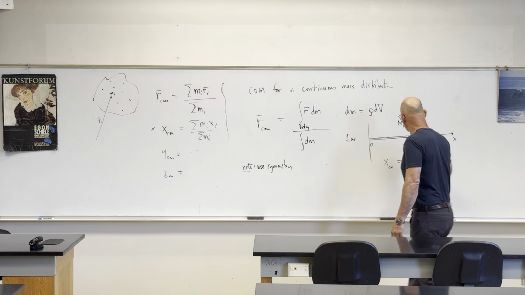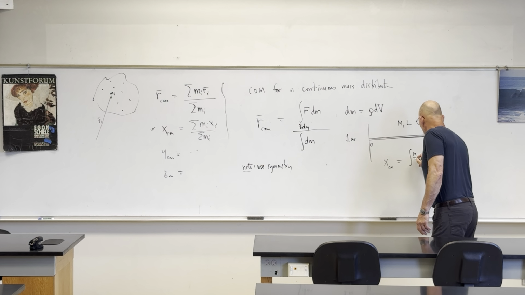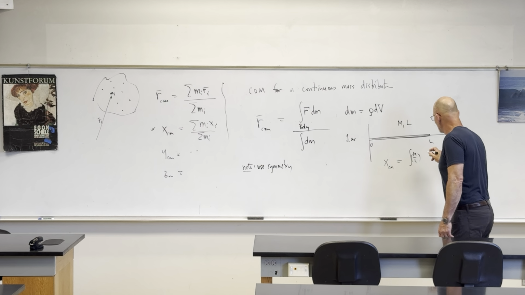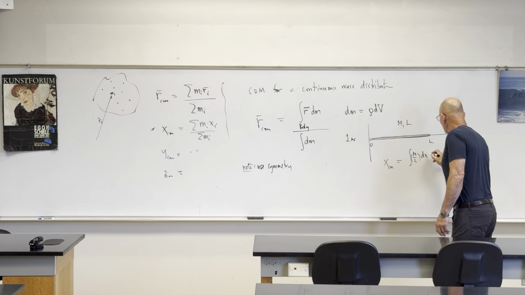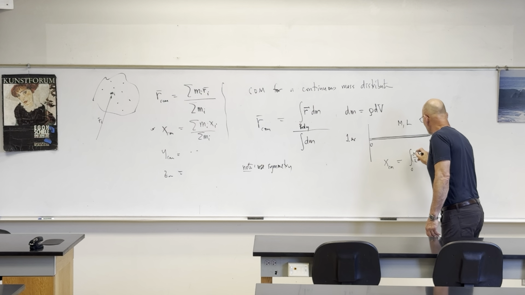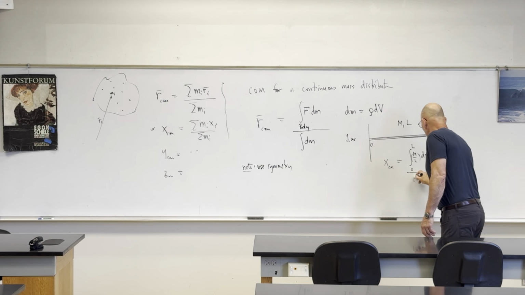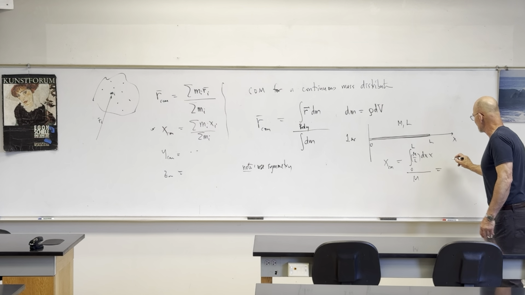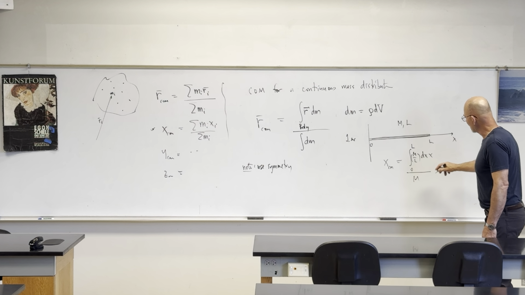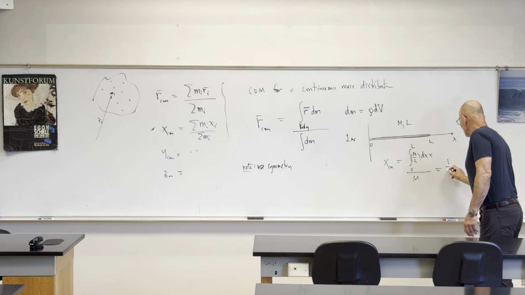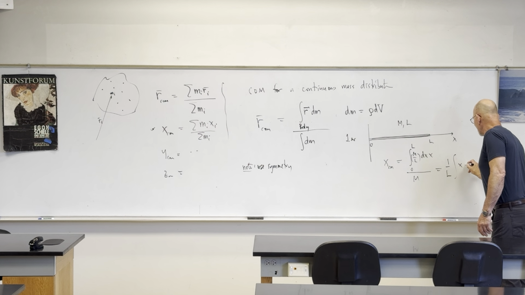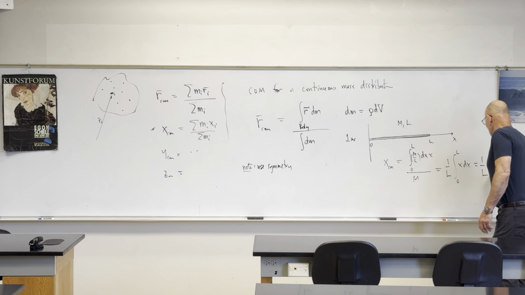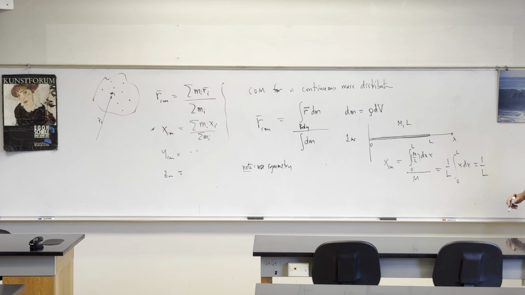The dm is just, this is the same thing we did with our M over L dx, x from 0 to L. So we've got M over L, M's already going to cancel, so we've got 1 over L integral of x dx from 0 to L, 1 over L times L squared over 2.